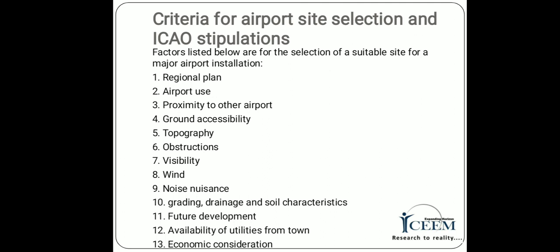Next one is topography. This includes natural features like ground contour, trees, terrain, etc. A raised ground, a hilltop, is usually considered to be an ideal site for an airport. Next one is obstruction.